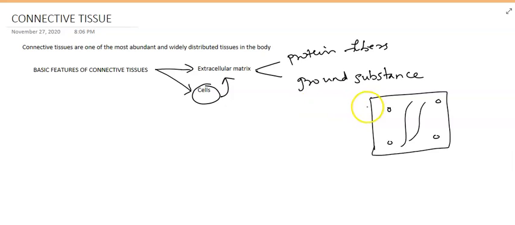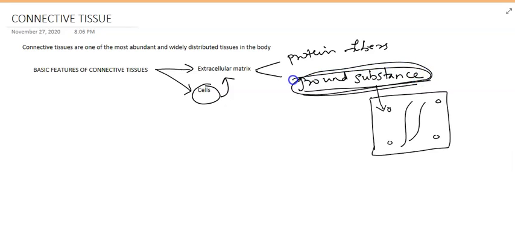There are three different types of protein fibers: elastic fibers, reticular fibers, and collagen fibers. The space between the cells is called the ground substance. This ground substance determines the functional qualities of the tissues. For example, cartilage is the type of tissue found in the tip of the nose.